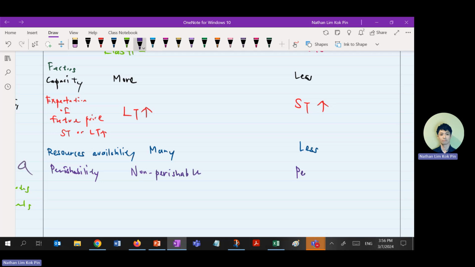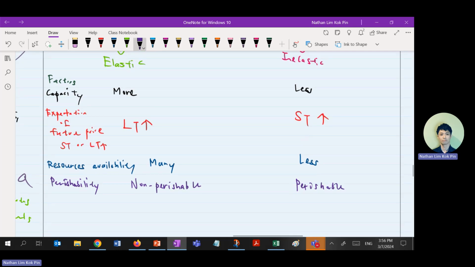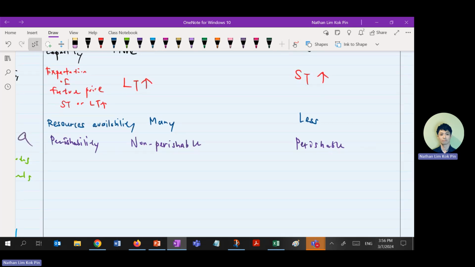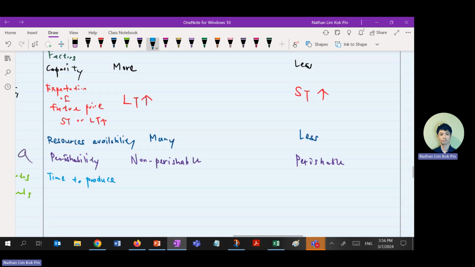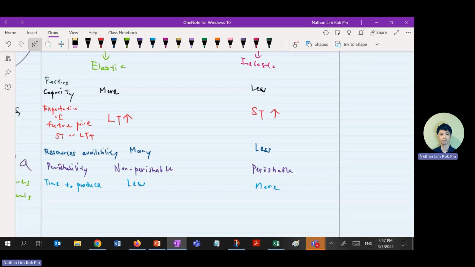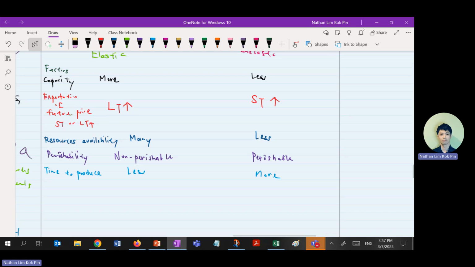If I'm perishable, I am inelastic. One more, what's the last one? Time to produce. This one is the opposite of PED. If I need more time to produce, I am inelastic. If I have less time to produce, I just need 5 minutes to produce, I'm elastic, right?